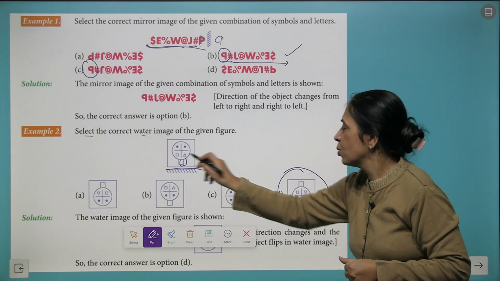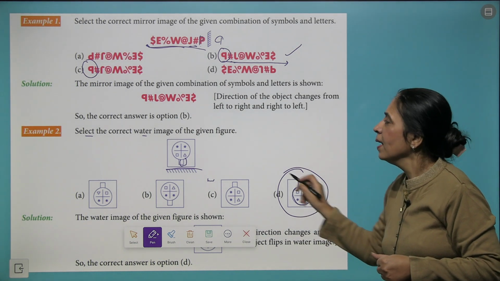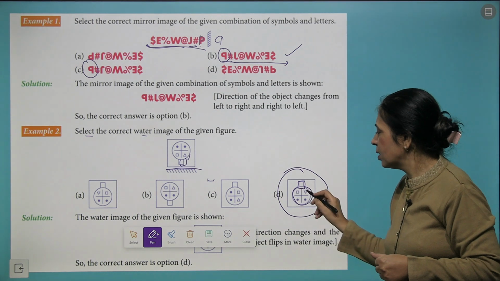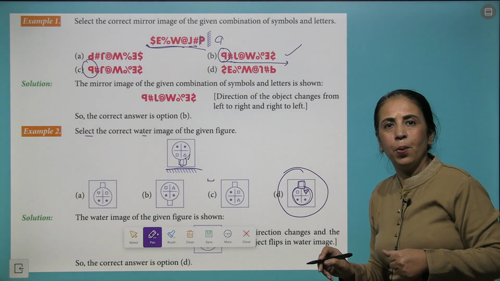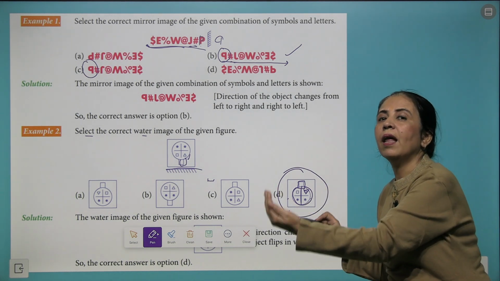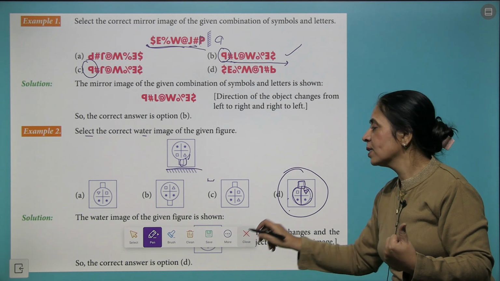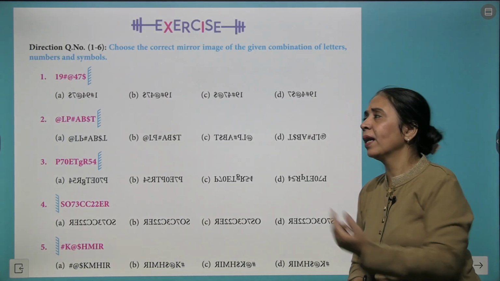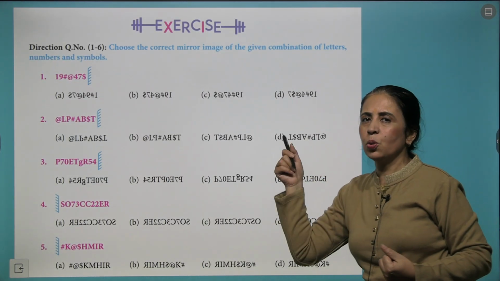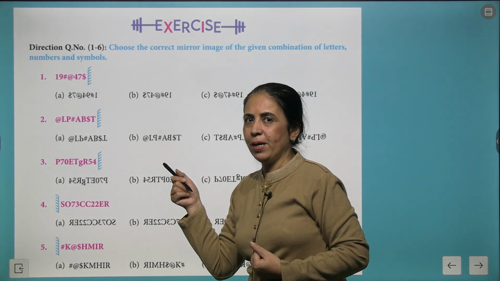So this part remains at the top with a circle, and this triangle turns upside down, and they are not replacing their left and right. Got it? So if you remember these clues, I believe very quickly you are going to master doing the questions based on water image and mirror image.